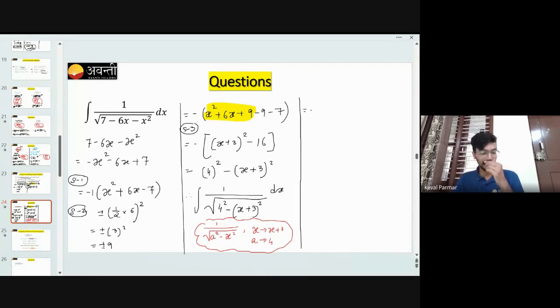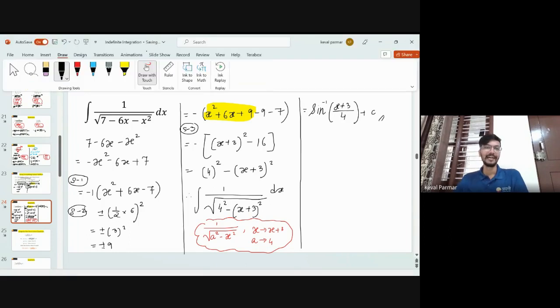Do you remember the formula? It was sine inverse of x by a. So I will get sine inverse of x by a, that means sine inverse of (x plus 3) upon 4 plus c. This is my answer. So simple. I hope you are getting it.